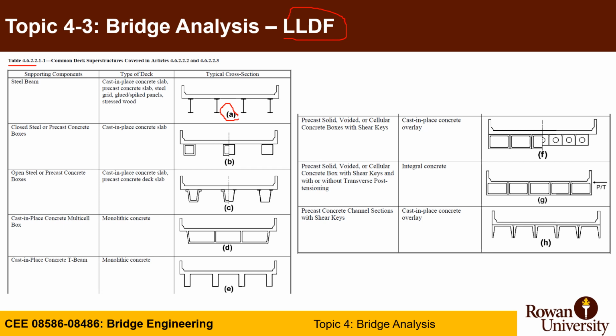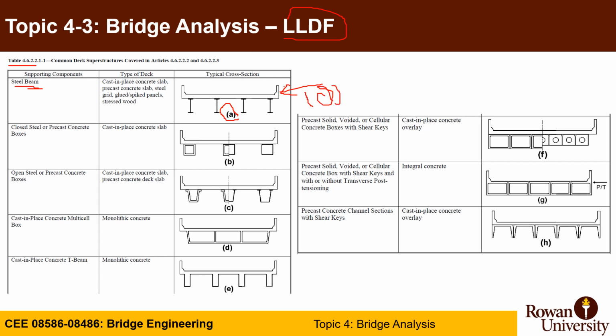So, for example, if you have steel beams that carry a concrete deck, cast-in-place concrete slab, precast concrete slab, or steel grid or glued panel wood on a steel beam, this will be your configuration A.